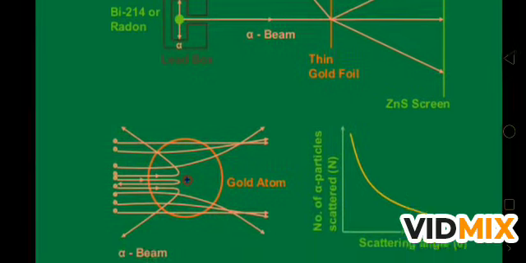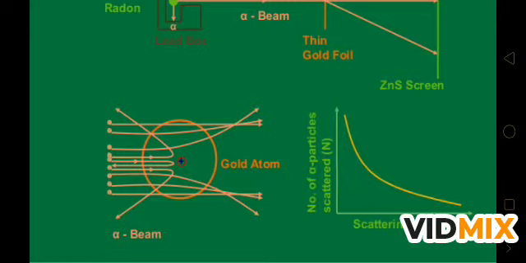In the second figure, you are seeing the alpha beam when it falls on the gold foil. Many observations are there. Some rays are deflected, some rays pass through the gold foil, and very few retrace their path.